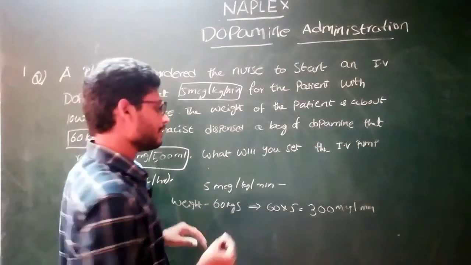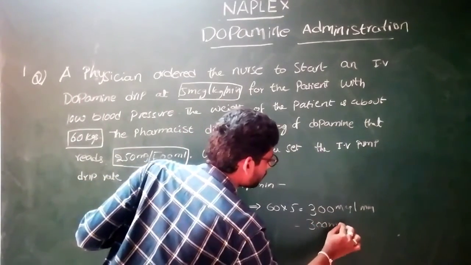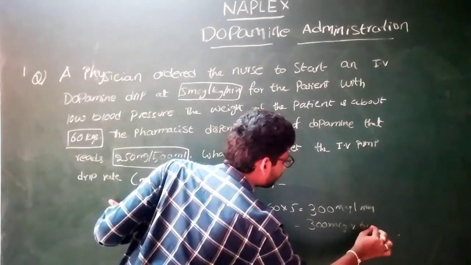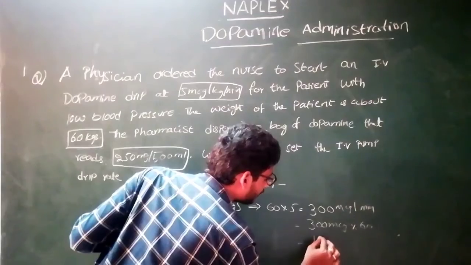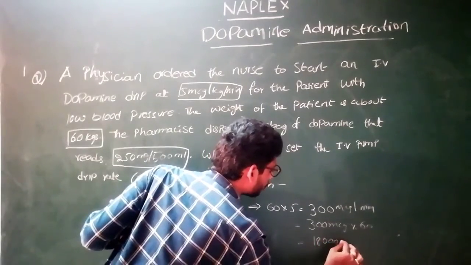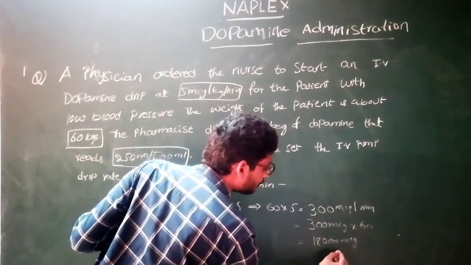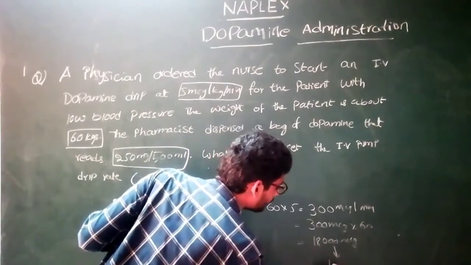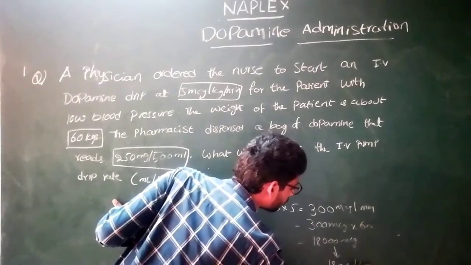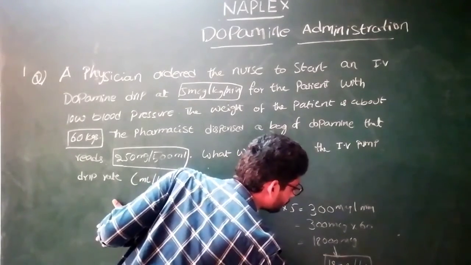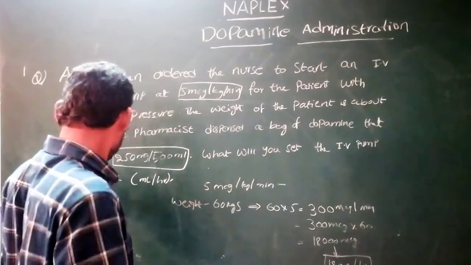If you convert this into an hour, 300 micrograms into 60 minutes, you get 18,000 micrograms, and if you convert these micrograms into mg, you get 18 mg per hour. Okay, so this is the dose of dopamine to be administered for an hour.